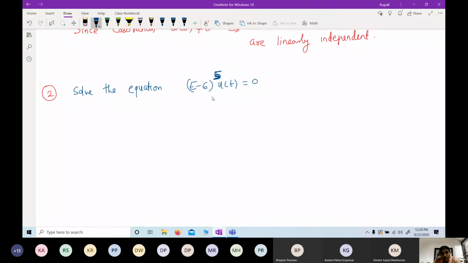So E raised to 5 operated on u(t) will be u(t plus 5), then some terms will be there, and the last will be your constant term, 6 raised to 5 into u(t). So this is fifth order and it will have 5 linearly independent solutions.